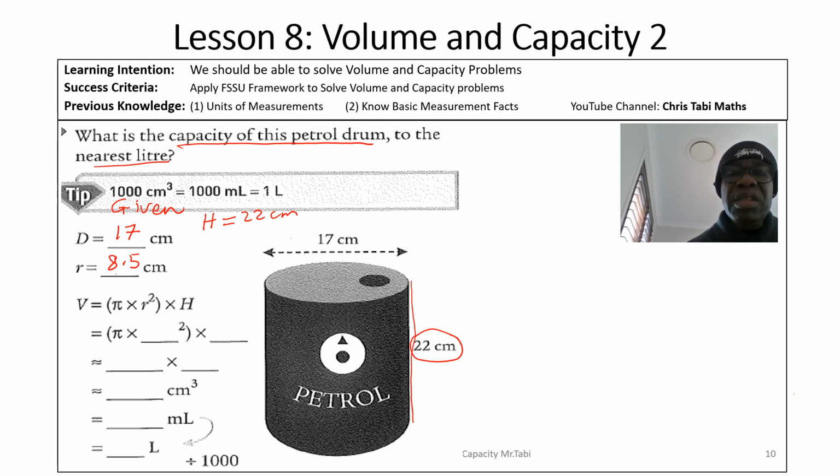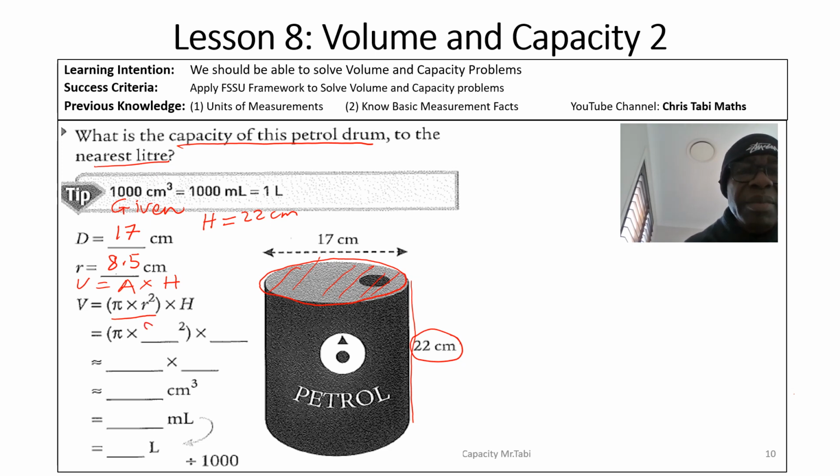Now, because the drum has got a circular cross-sectional area, we are going to use V equals A times H, where our A is pi r squared, because that's the area of a circle, and multiply that by H to give us the volume.